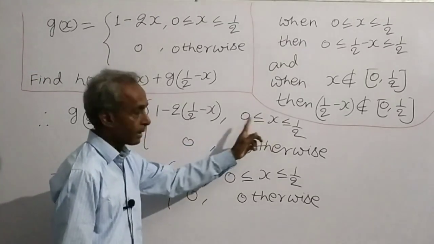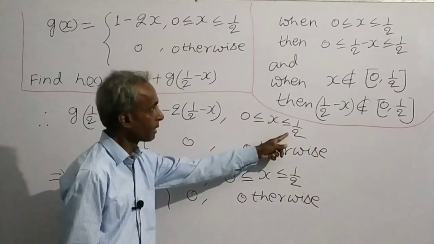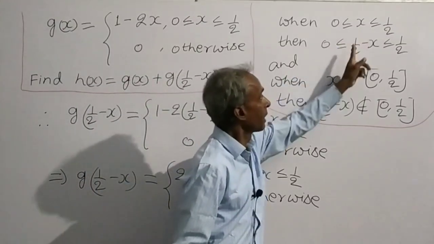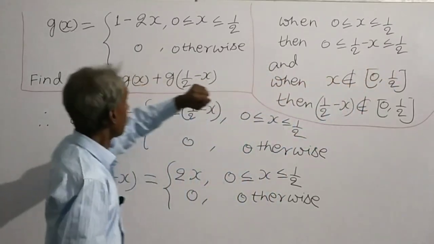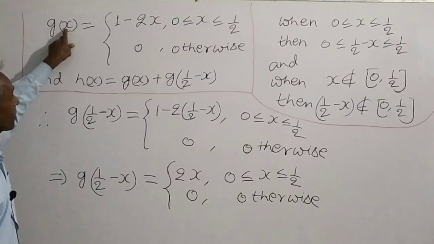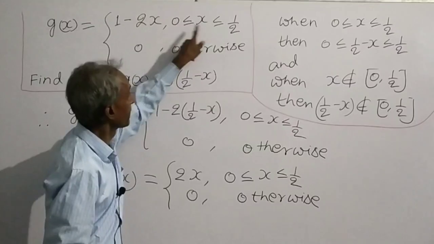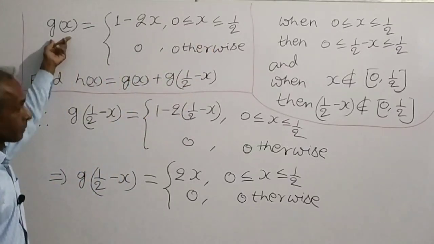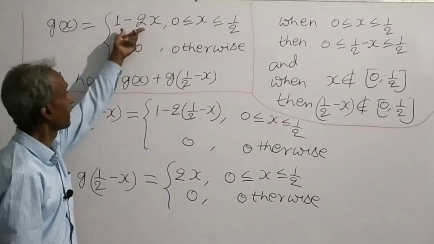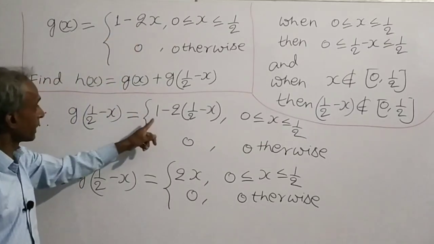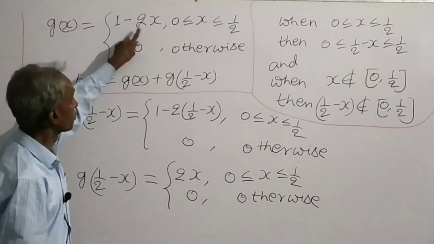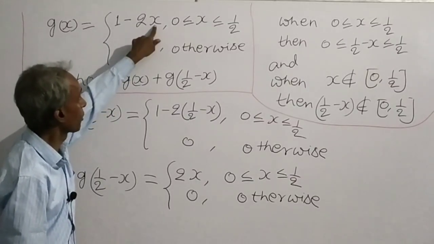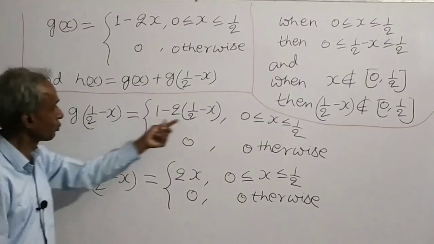When x lies in this interval, then 1/2 minus x also lies in this interval. And if the number present here lies in this interval, then function g will be written according to this rule. Therefore, we write g(1/2 minus x) according to this rule. In place of x, we write 1/2 minus x.